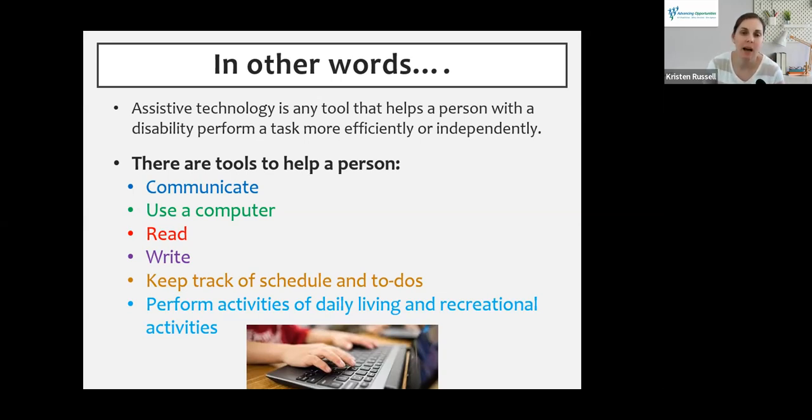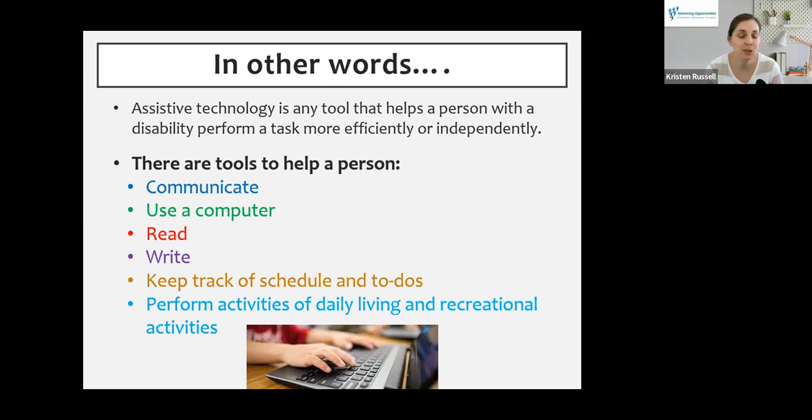Anybody who is not able to communicate verbally, there is lots and lots of assistive technology that would fall under the area of augmentative and alternative communication, so using a device like a tablet to communicate. All sorts of tools to help somebody use a computer. And probably what I'm going to talk about most today are tools to help people who have difficulty with reading and writing be able to perform those tasks more independently.